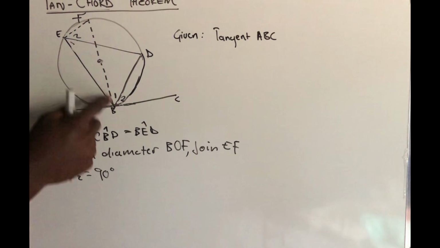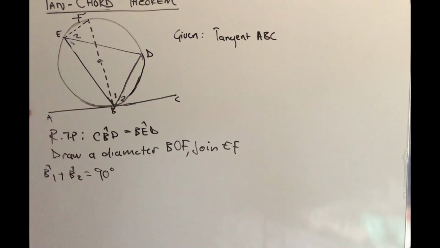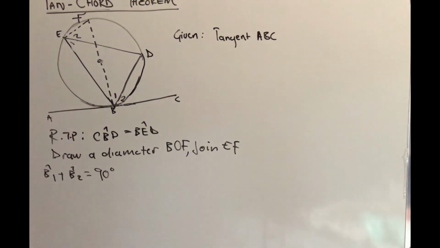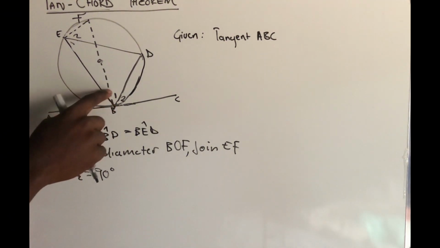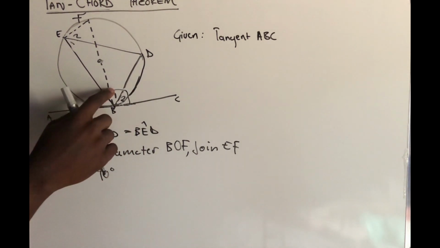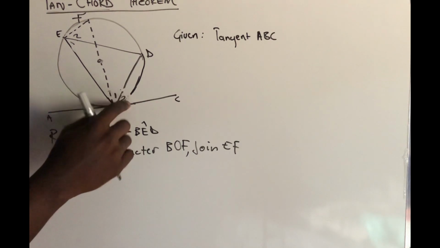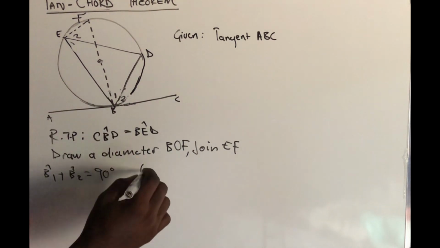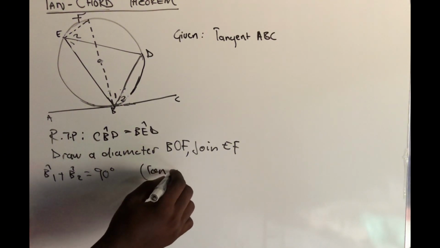And we have that line going to meet a tangent. So from the theorem, tangent perpendicular to radius, we can clearly see that this whole angle is a 90-degree angle. So this one is 90 degrees.